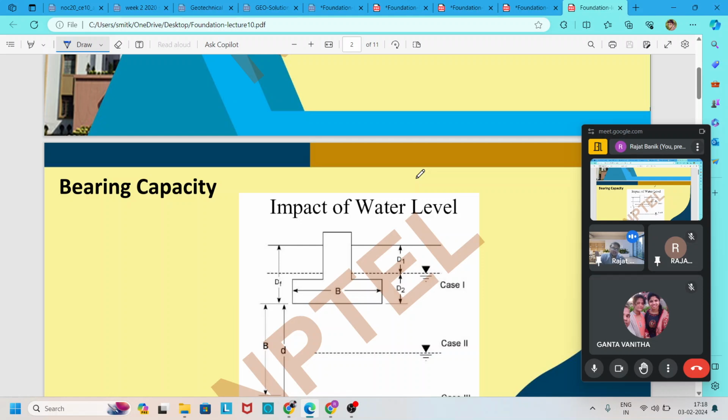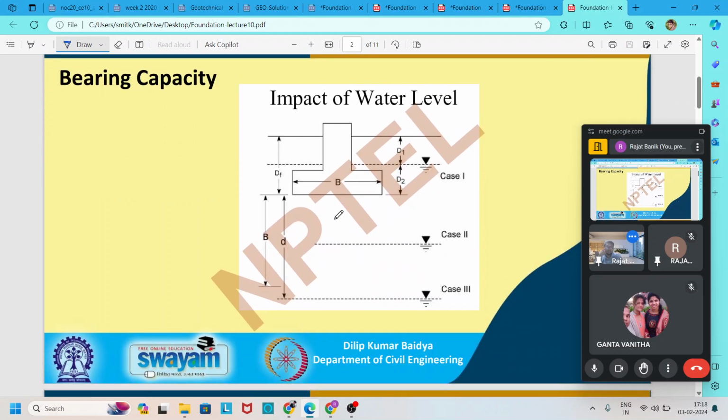Due to this buoyancy, it reduces the strength of the soil because of the presence of pore water pressure. So we need to modify our formula according to the presence of the water table.